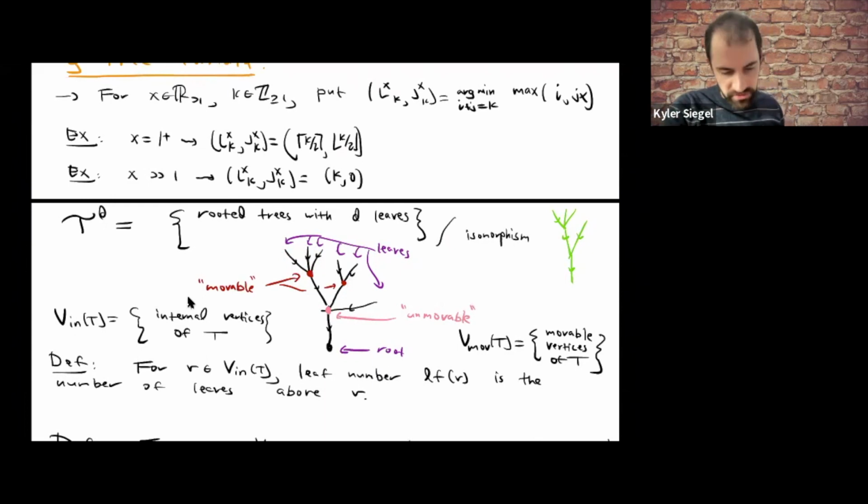There's another non-standard terminology: the leaf number of a vertex is just the number of leaves ultimately above it. Like this one has leaf number 3 because there are 3 leaves above it. This one has leaf number 5 since all 5 leaves are above it, and so on.